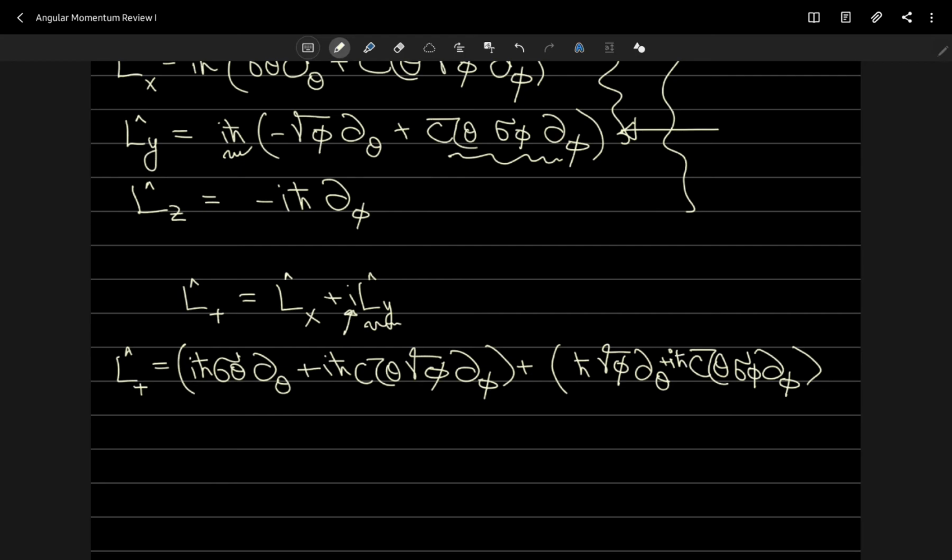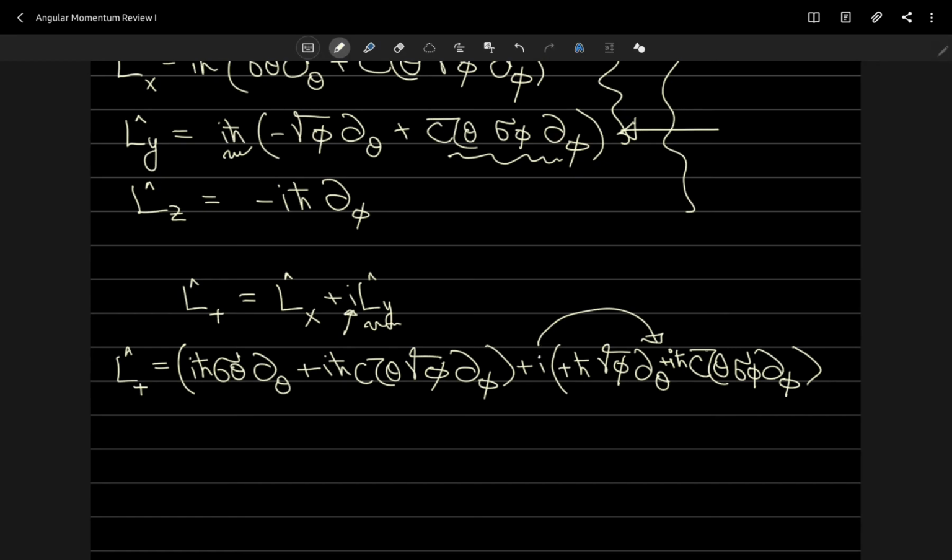But then when I distributed this, when I had an iota outside over there, when I distribute it in, right, I had this previously. Well, let me just write this whole thing again, right? So now we have this equation. I'll multiply this iota with iota, and what happens is I get plus 1 over here, so it becomes positive.